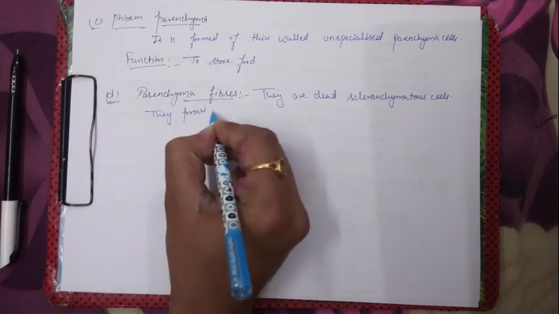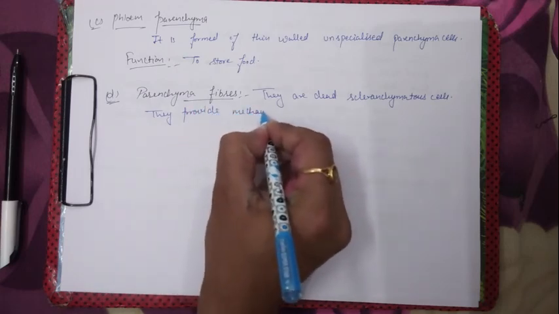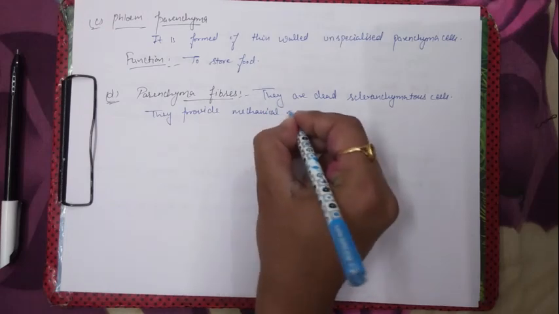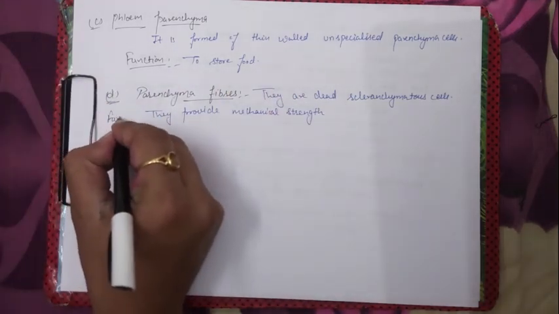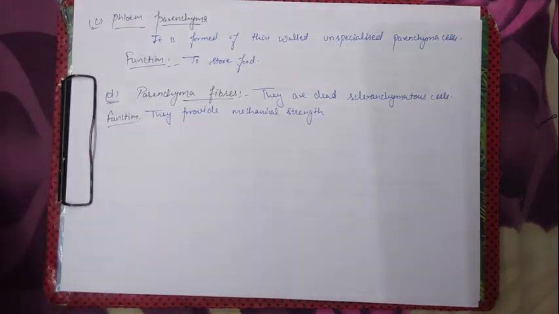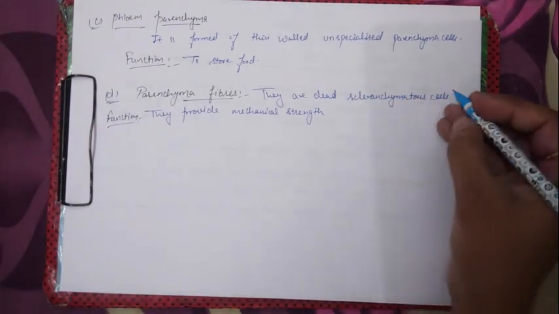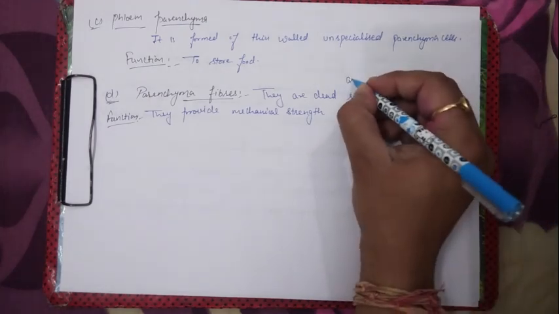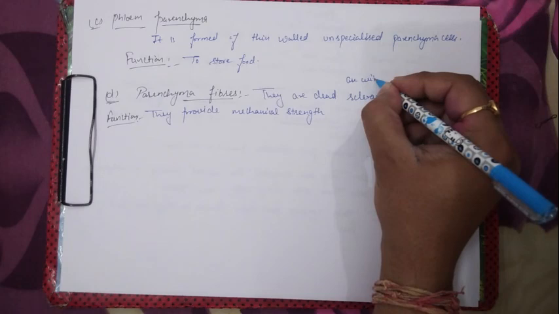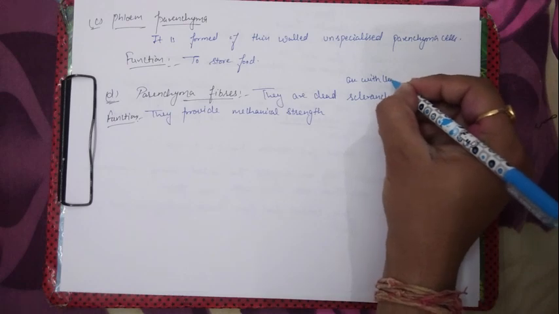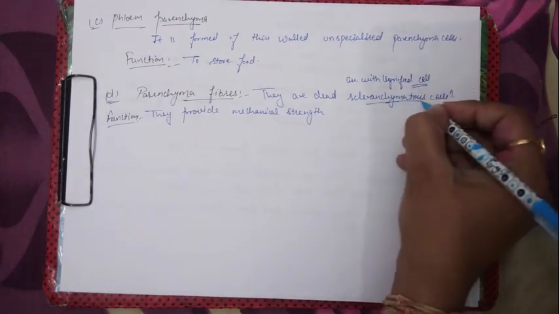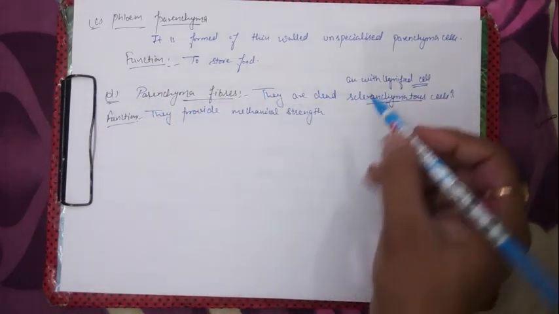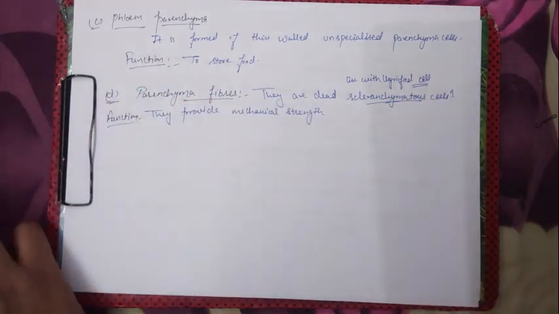They provide mechanical strength. As we have studied in the xylem portion, sclerenchymatous cells are lignified cells, so the cells become dead at maturity.